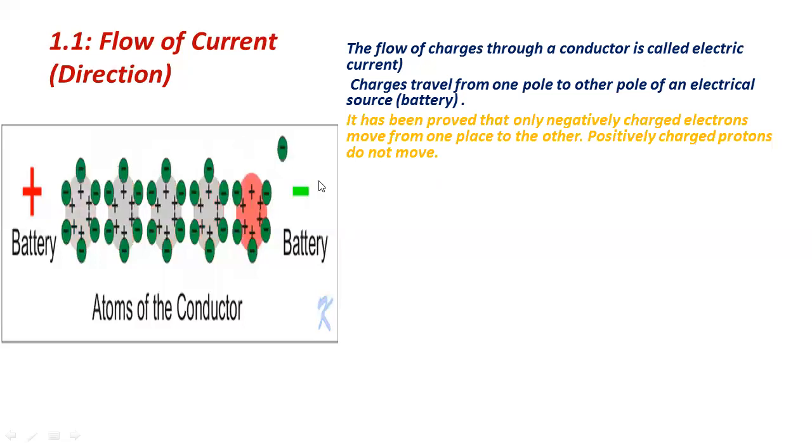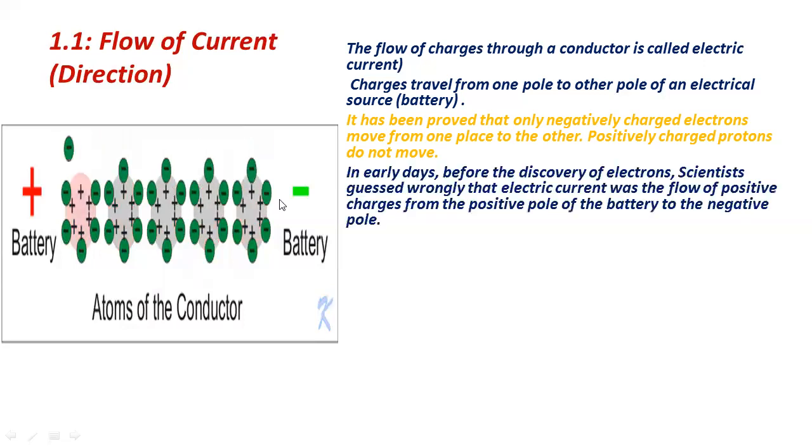You can see in this image the electrons moving from the negative terminal of a battery to the positive terminal of a battery. The positive charges remain at their position. They are not changing their places, but only the electrons, the negative charges, are moving through the conductor, passing from one atom of the conductor to another atom of the conductor.